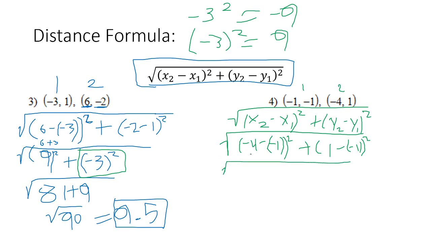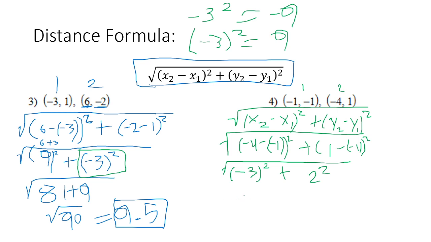So negative 4 minus negative 1. So negative 4 plus 1 is going to be negative 3 squared, plus 1 minus negative 1 is going to be 1 minus negative 1. Sorry, I'm thinking. It's the same as 1 plus 1. It's going to be 2 squared.